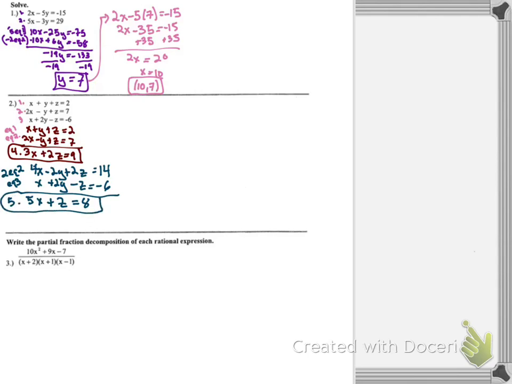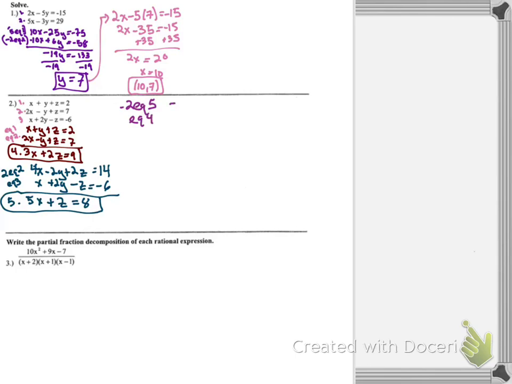I'm going to use equations 4 and 5 to try to eliminate another variable. I'm going to try to eliminate z. So let's switch this up. Okay, so now I have negative 2 times equation 5 and equation 4.